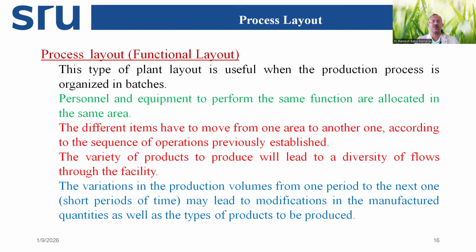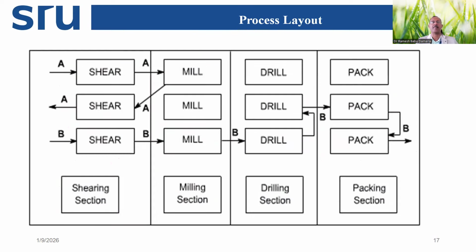The different items have to move from one area to another according to the sequence of operations previously established. The variety of products to produce will lead to a diversity of flows through the facility. So the variations in the production volumes from one period to the next may lead to modifications in the manufactured quantities as well as the types of products to be produced. Here we can see a process layout or functional layout.